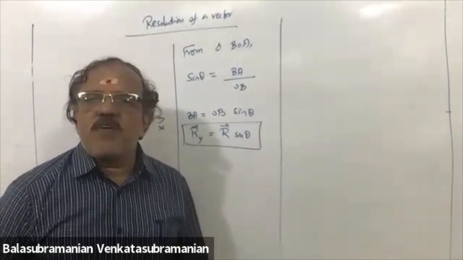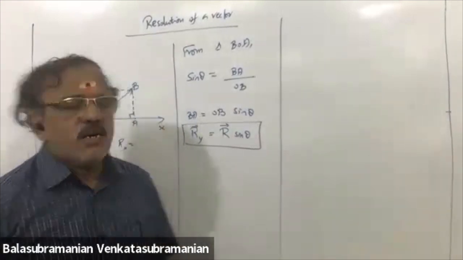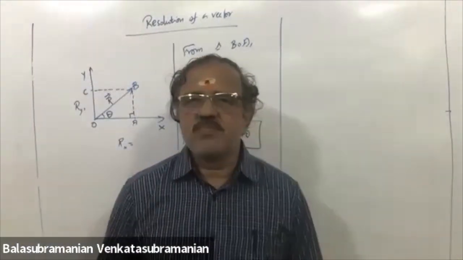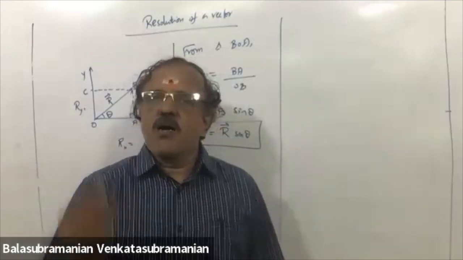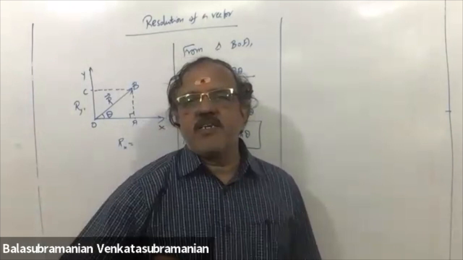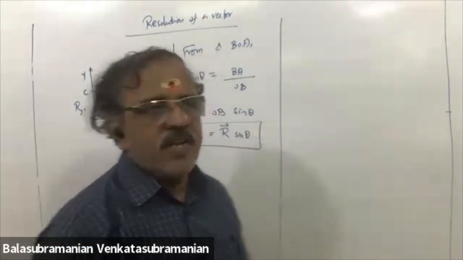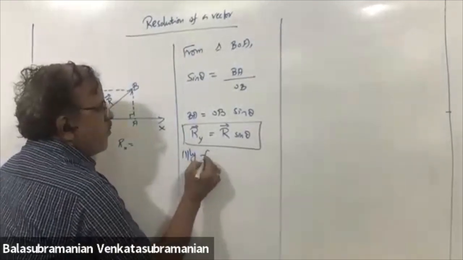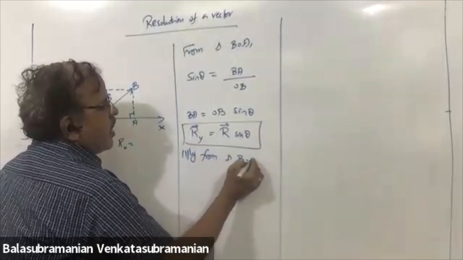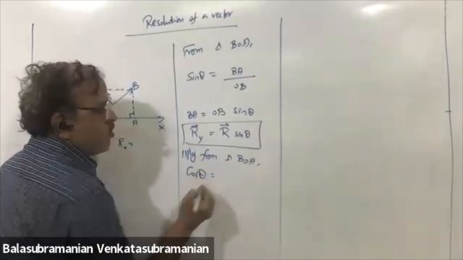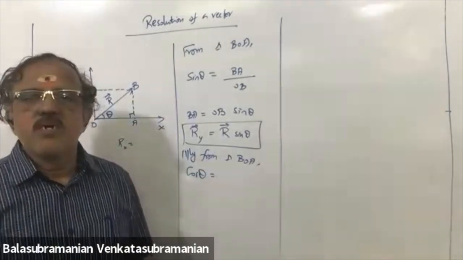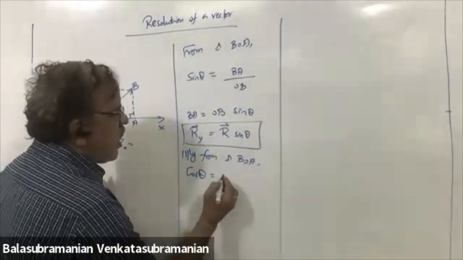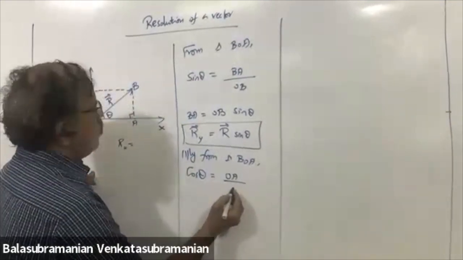Similarly, the component of R along x-axis I want to calculate. For this theta, this OA is nothing but the adjacent side. Opposite side, perpendicular side, if you want to measure means sine. It depends upon theta where you are taking. Similarly, from triangle BOA, cos theta is adjacent side by hypotenuse, OA by OB.